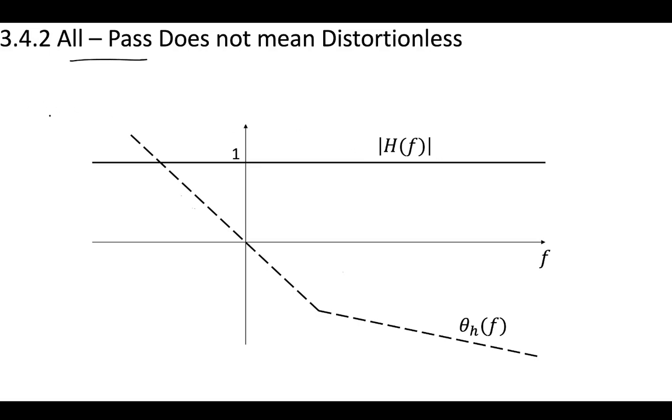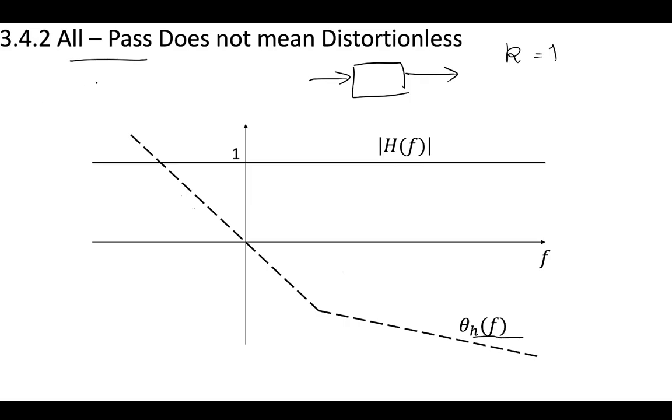When we take our song or message into the system, what comes out is all pass, meaning that k, that multiplicative constant, is equal to 1. So there's no actual amplitude distortion at all. The x(t) amplitude is the same as the y(t) amplitude out. But what has changed is our phase response.